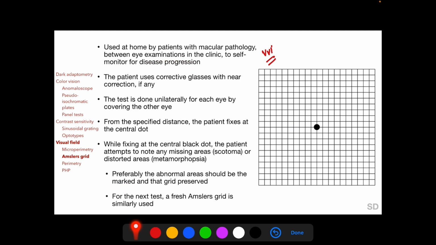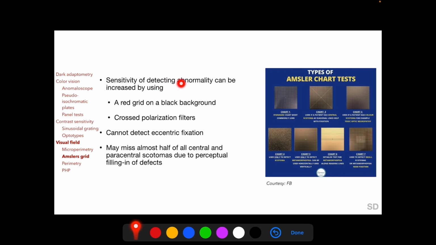disease progression, and sensitivity of detecting abnormality can be increased by using a red grid on a black background as represented by this grid, or by using crossed polarization filters which reduce the contrast of the chart.